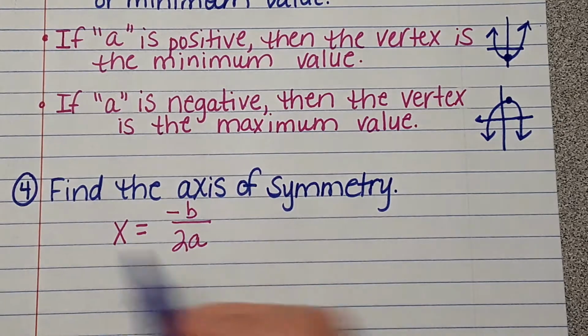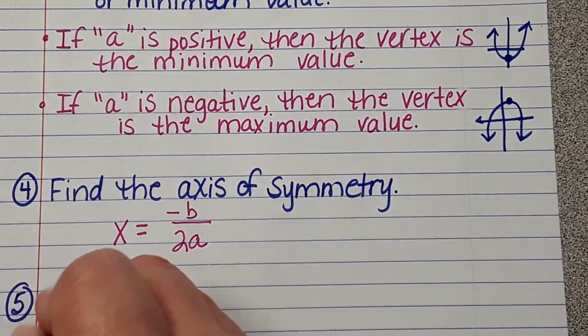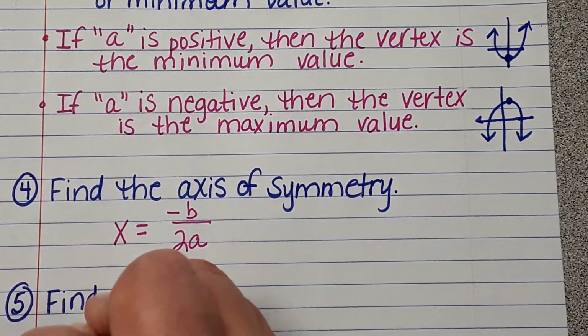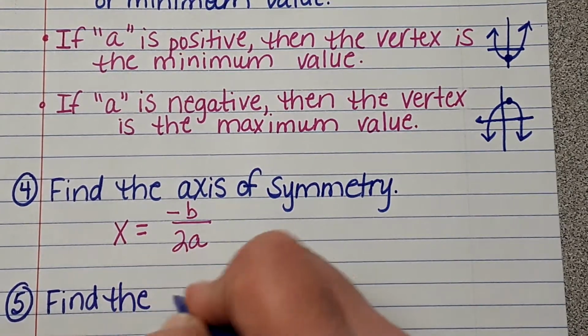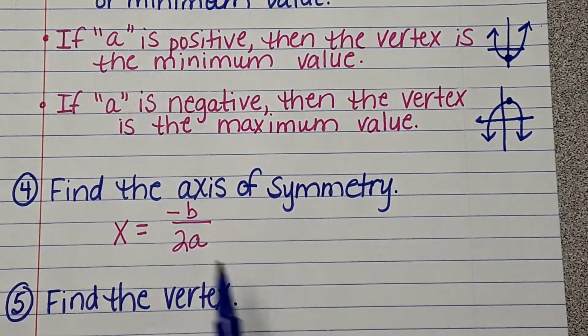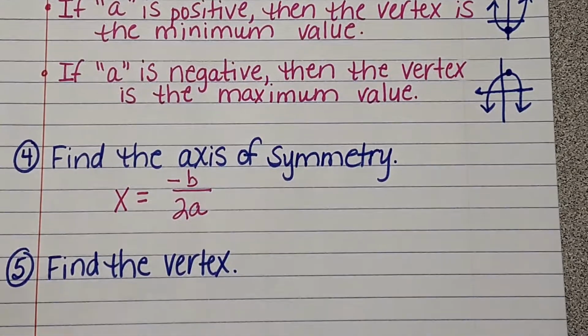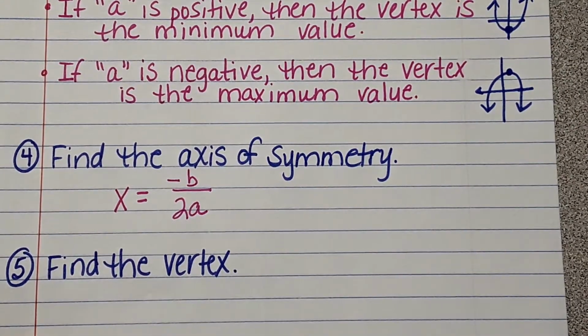Number 5 is we're going to need to find the vertex. And to find the vertex, we're going to use the axis of symmetry. That is why you have to find the axis of symmetry, because you can't find the vertex unless you have the axis of symmetry.